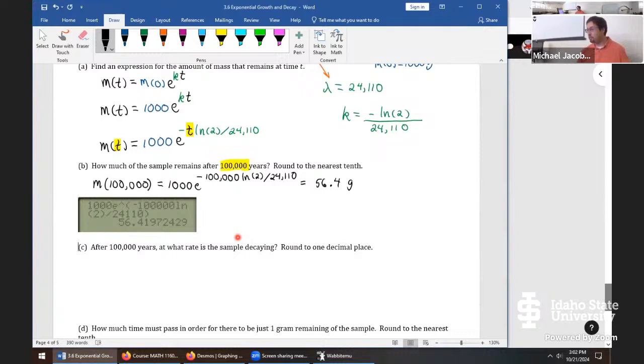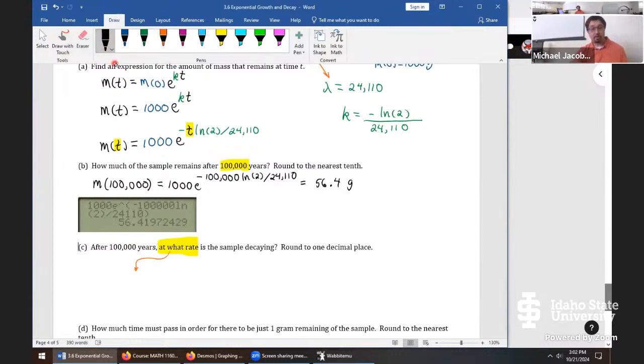Okay, well, we're at the part of the problem where finally we're doing actual calculus instead of just reviewing algebra material. When it says at what rate is the sample decaying after 100,000 years, we do this next.